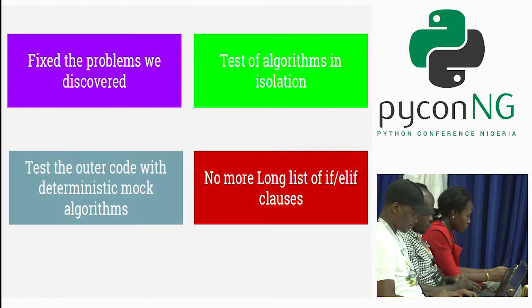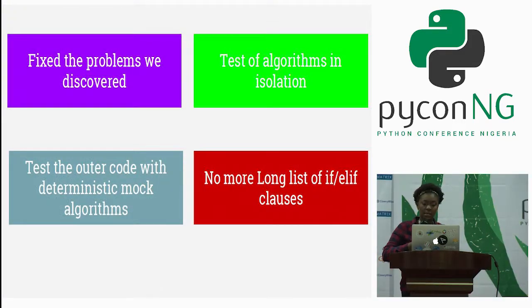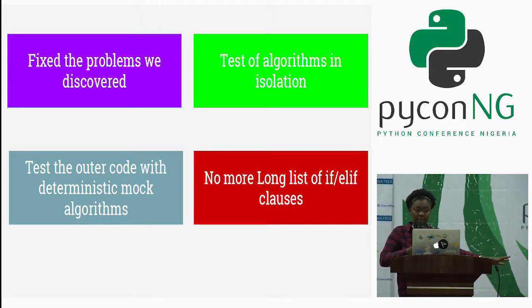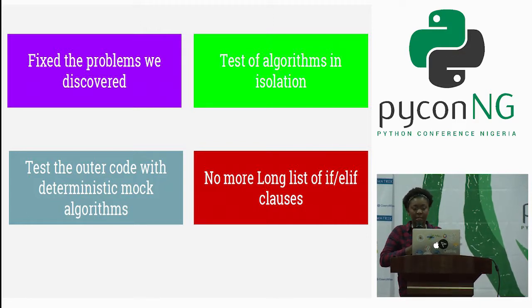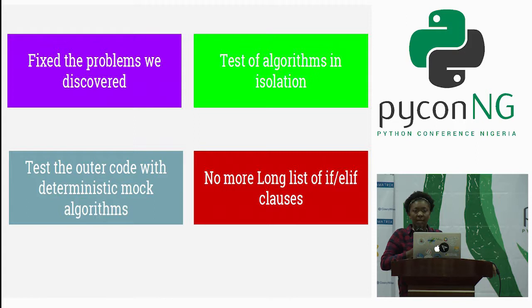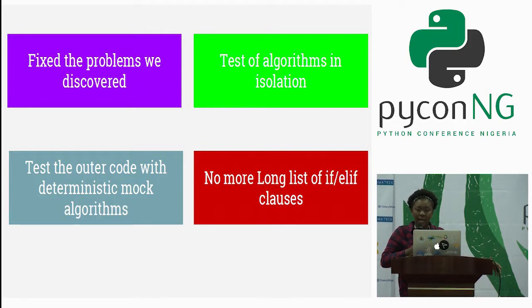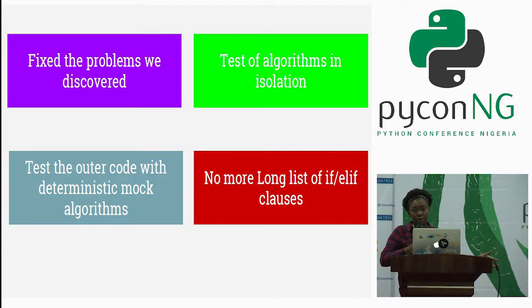With this code that I have shown you guys, we fixed all the problems that it had. Now, they can test the algorithms in isolation. Like when there is an error, and you know that, oh, this error is from the max.ng class and not from the FedEx class that also has max in it.